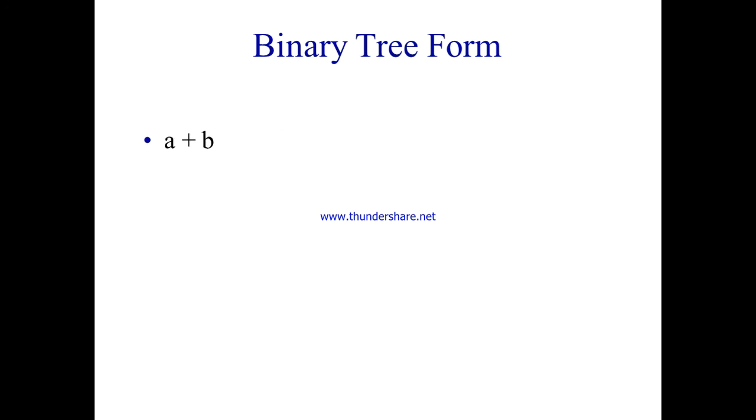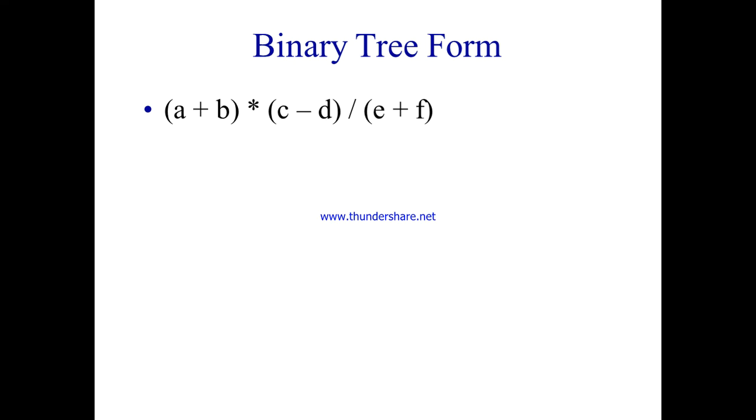If you take A plus B, operand A and operand B have to be added, so the left operand and right operand will be summed, and that result will be stored here. That is how I am representing this simple expression A plus B in binary tree form. If I go for minus A, that is the negative value of A we are going to get.